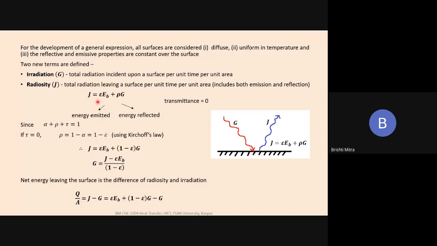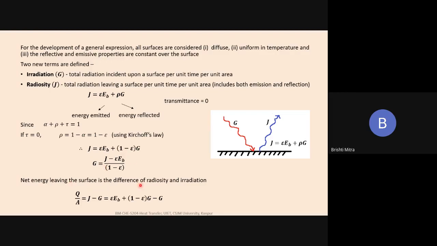So putting this value here, I can write that J, or radiosity, is equal to epsilon into EB, and instead of rho, I am writing 1 minus epsilon into G. If I rearrange this, I can say that G is equal to J minus epsilon EB, divided by 1 minus epsilon. I've taken epsilon into EB to the left-hand side. This is equal to my G, or my irradiation.